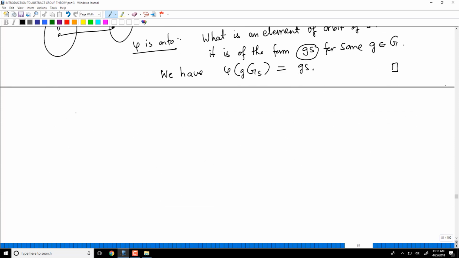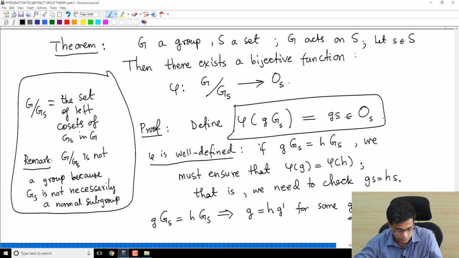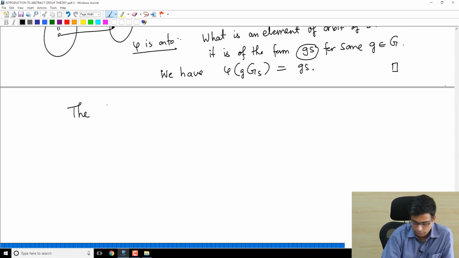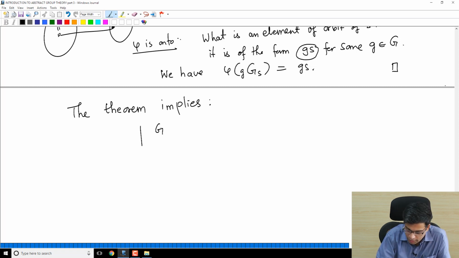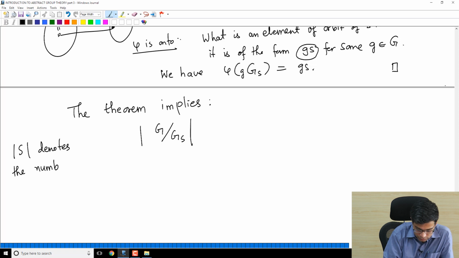So now let us see what the applications of this theorem are. The theorem implies the cardinality. Now I'm going to use the symbol of vertical bars to denote the number of elements.